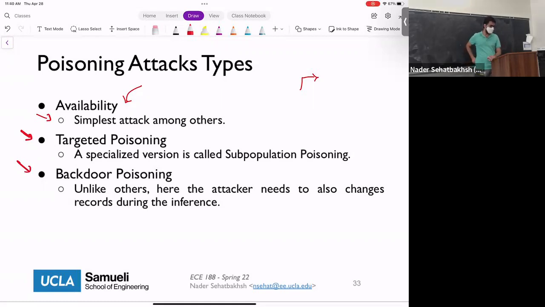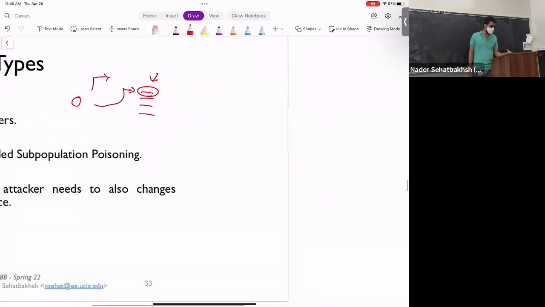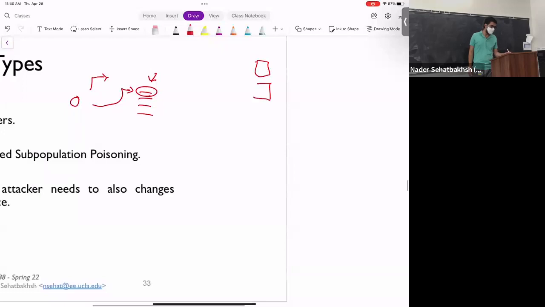So the targeted poisoning is basically, think about it this way: let's say we have a bunch of different classes, right? With poisoning, what we want to do is force the system to always make a decision and always think that this is class 1 or class 2. There are various reasons for that. Think about the example of different traffic signs.